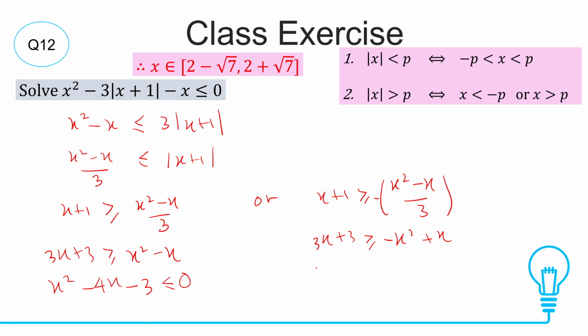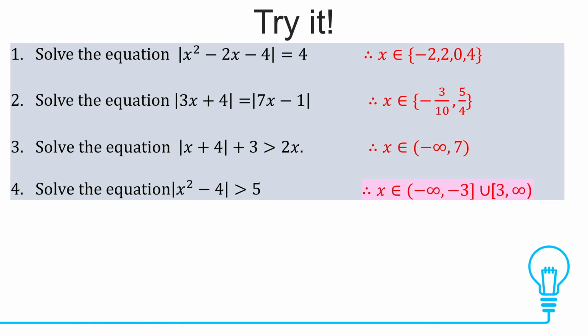I shifted here, x squared, and this one shifted here is plus 2x plus 3 greater than 0. And then find the value. If you see that some of the values are not valid, you need to do the checking. And over here, there are some questions that I'm going to discuss in another video. So thank you.